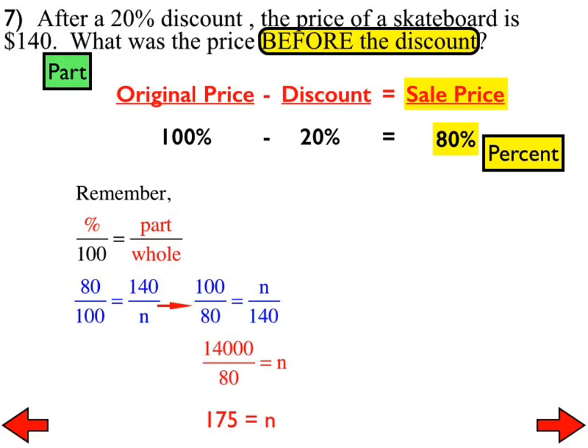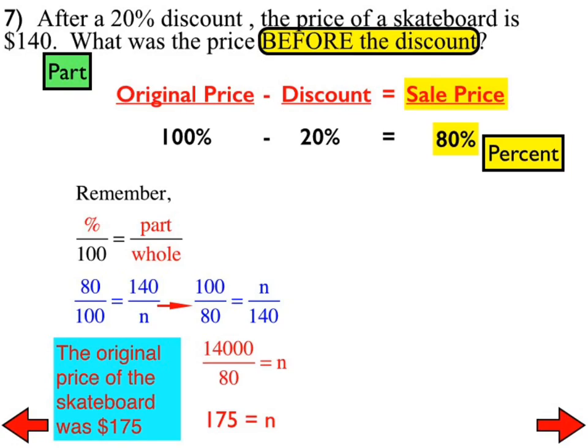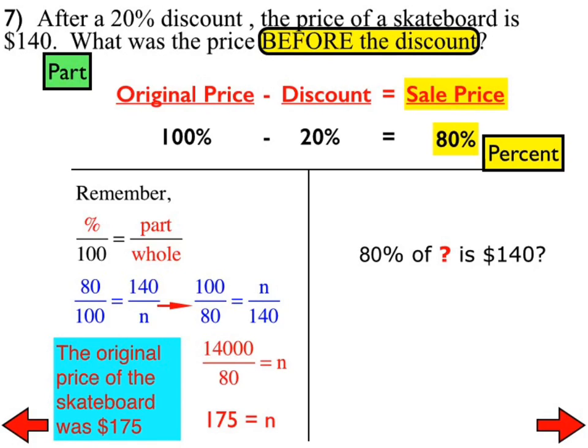Now, today we learned a one-step method. So how could we apply that one-step method? You might want to write this down if you're interested in doing this without a proportion. In every single one of these problems today, we found the percent of a number. The problem in this one is that 80% of something is $140. So what we have to do is we could set up a simple equation that would look like this.